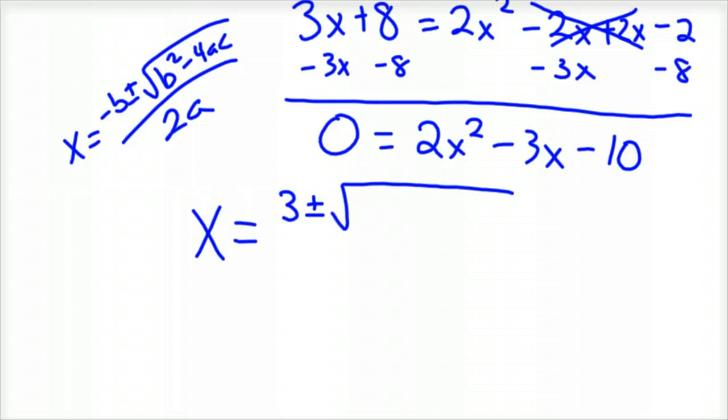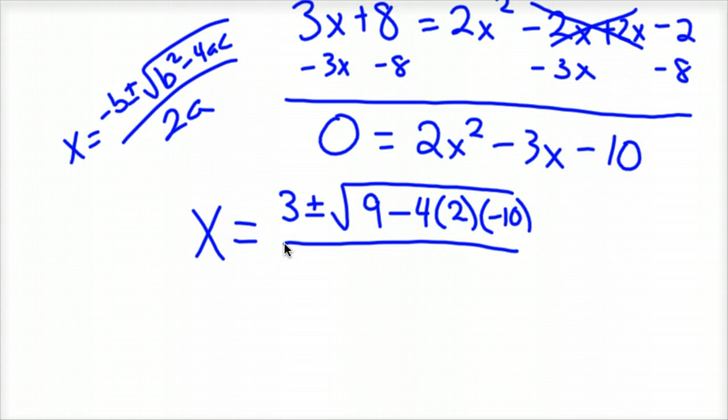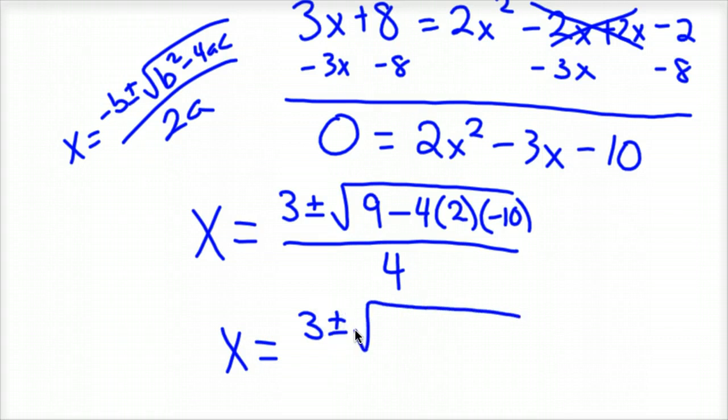B is negative 3, so negative 3 squared is 9, minus 4 times 2, and c is negative 10, all divided by 2a, which would be 4, because 2 times 2 is 4. So x equals 3 plus or minus the square root of 9 plus 80.